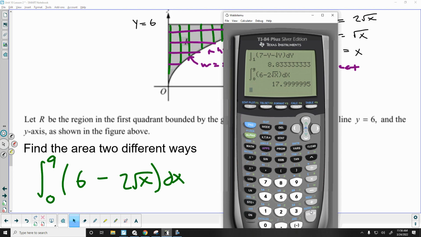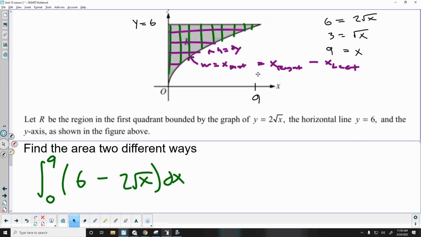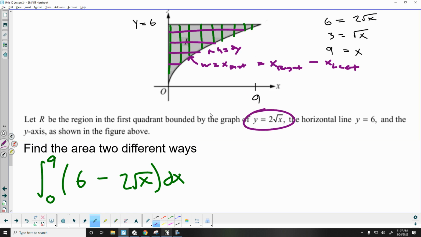Okay? What is your other integral that you wrote down? Write it down. Everybody write it down. Because I know we all got this, but did we get the purple rectangle? The right is the curve. The curve is y equals 2 root x.